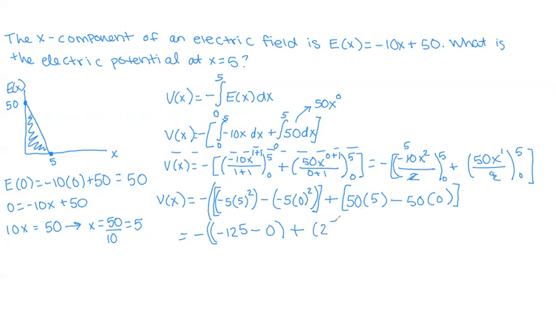So we have 250 minus 50 times 0, which is 0. All right, so we have, finally, negative 125 plus 250. So this equals negative 125 plus 250, which is 125. And that is our answer.